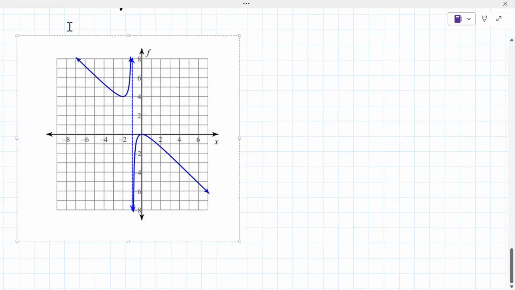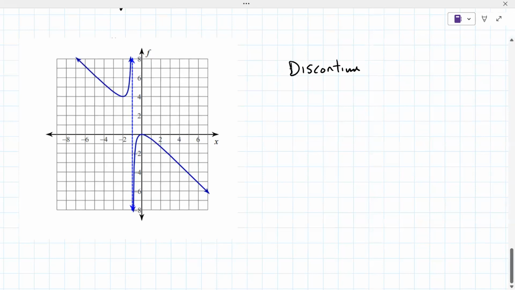Meaning, can you draw it without lifting up your pencil? No, it is not. There's an issue here. This is considered a vertical asymptote. So you would say discontinuous at x equals -1, and you would call it a vertical asymptote.